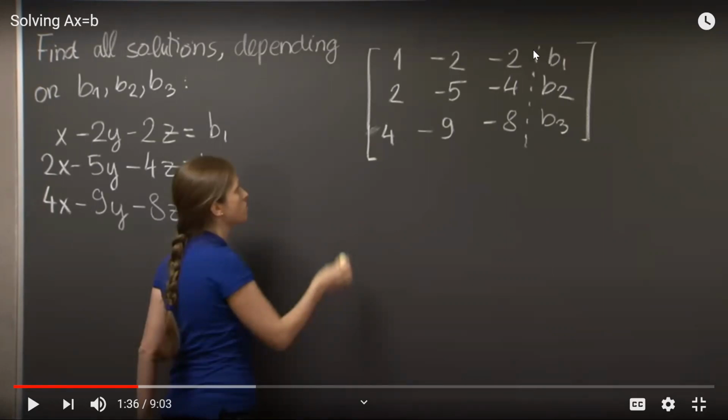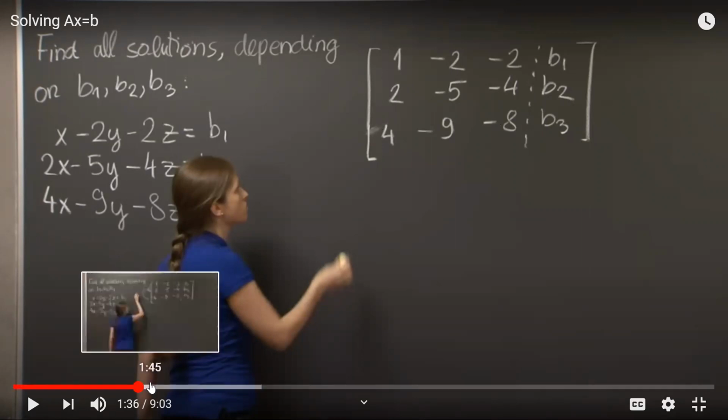And then we skip those X, Y, Z, which is the X vector, and we just put this dotted bar to show that we are going to cross the equal sign, and on the other side we find these three parameters b1, b2, b3. So we now write this whole thing as an augmented matrix.